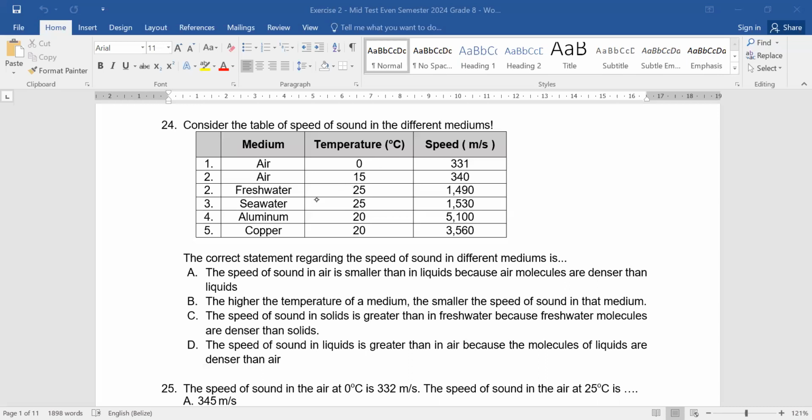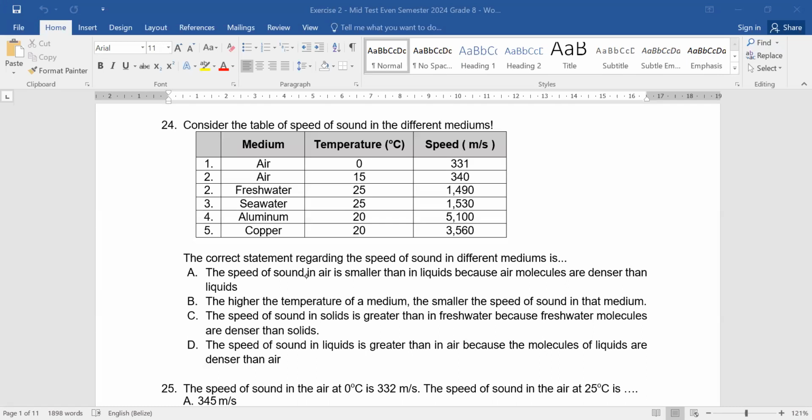So when the air temperature is 0, the speed is 331, and when the air temperature is 15, the speed is 340. And then fresh water has its speed, seawater has its speed, aluminum has its speed, and copper has its speed, right? So we just need to check the statements here, whether they are correct or not, right?